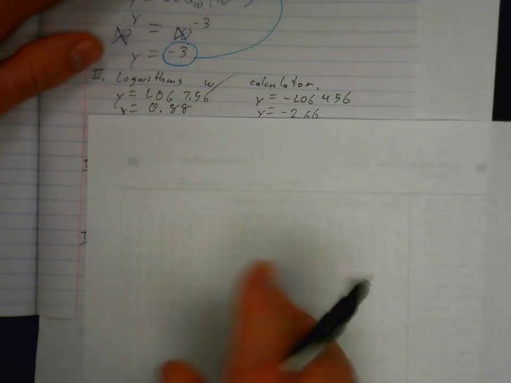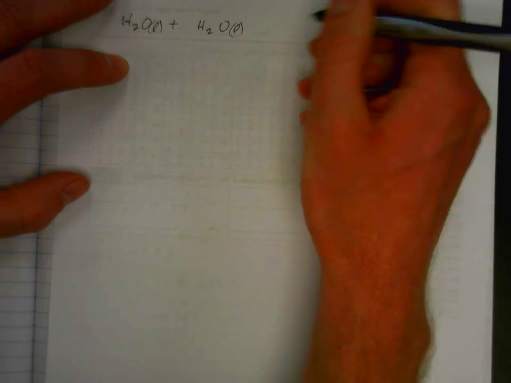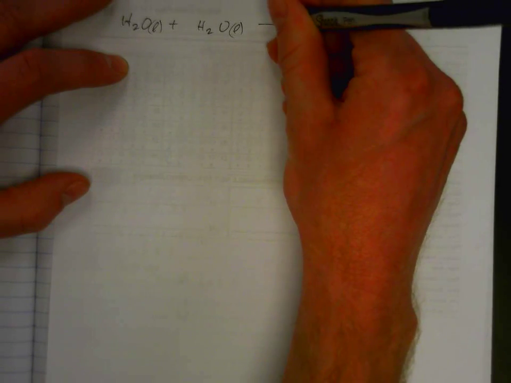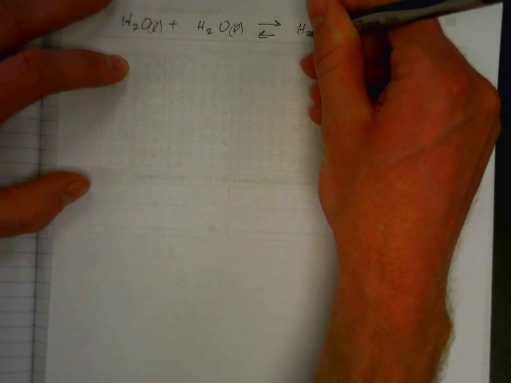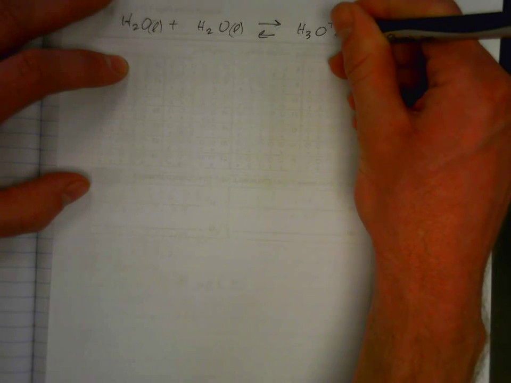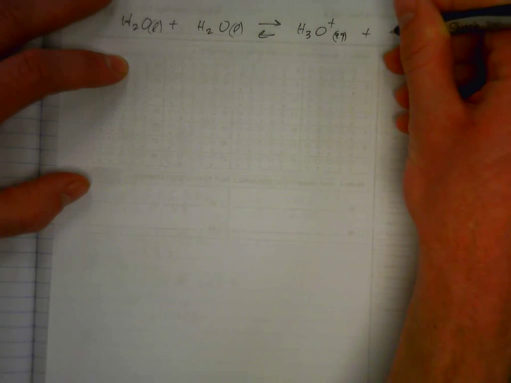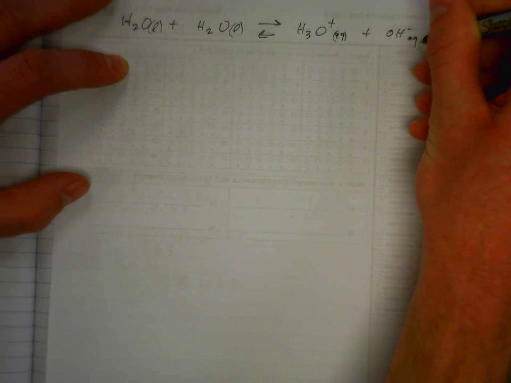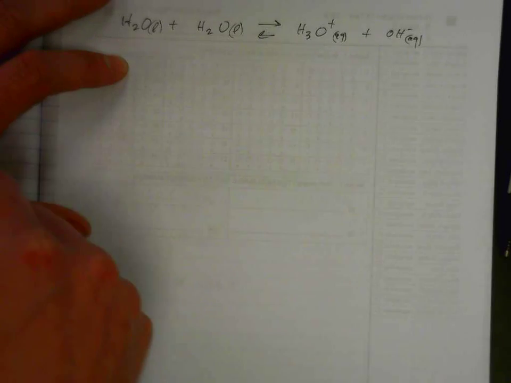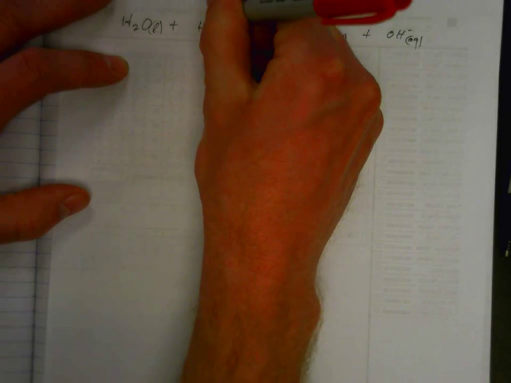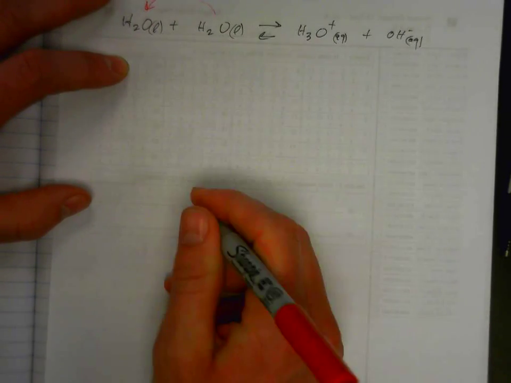When water, even pure water, will react with itself to form some hydronium and some hydroxide. So one water molecule acts as an acid, donating its H plus to the other. This one's a base, that's the acid, producing hydronium and hydroxide.